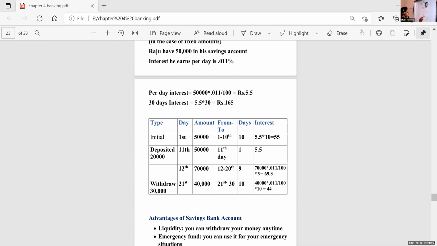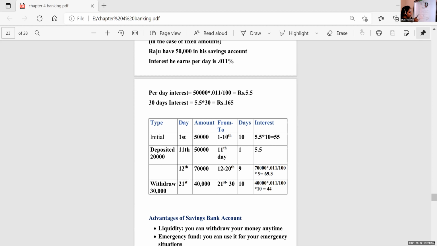For 9 days, how is the interest calculated? It is upon 70,000. From the 12th day to the 21st day, my balance is 70,000. So it is upon 70,000 that I calculate the interest.